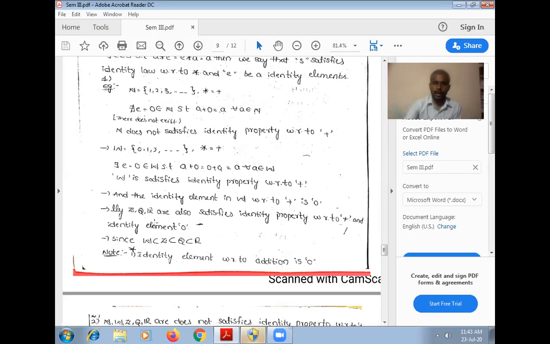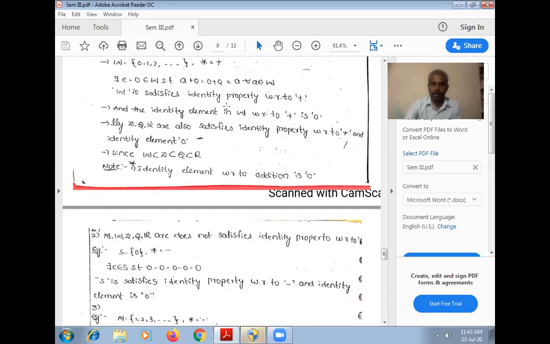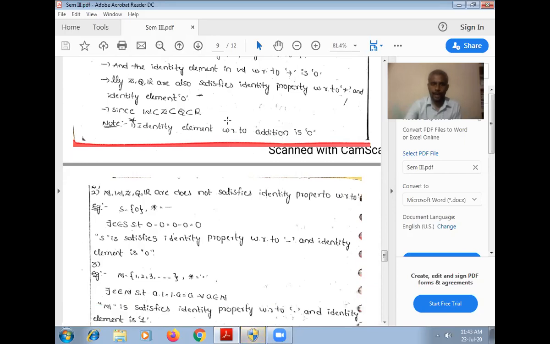After the binary operation plus in the examples, I am now taking the binary operation minus. So N, W, Z, Q, R do not satisfy the identity property with respect to minus, because there is no identity element in N, W, Z. Now I am taking S equal to {0} and star equal to minus.